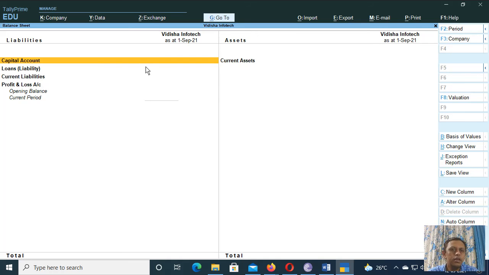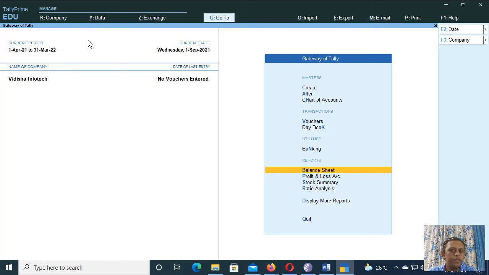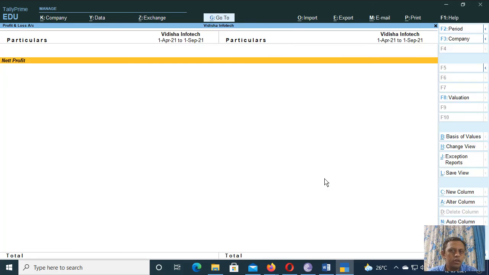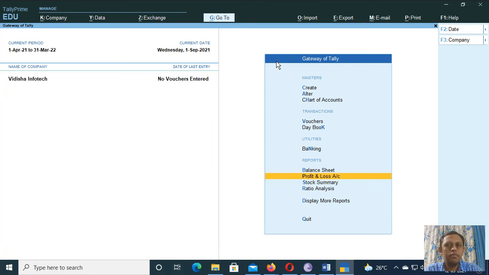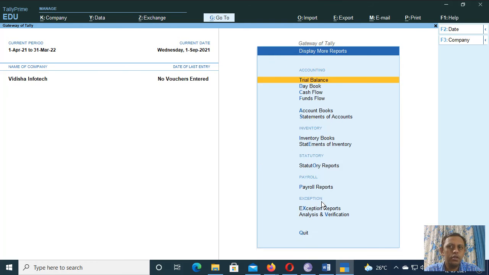Our data will be there, and finally we come to the profit and loss accounts. Here it will show the profit and loss of my company when I do the general entries. Stock summary, ratio analysis, and I will click on display more reports.